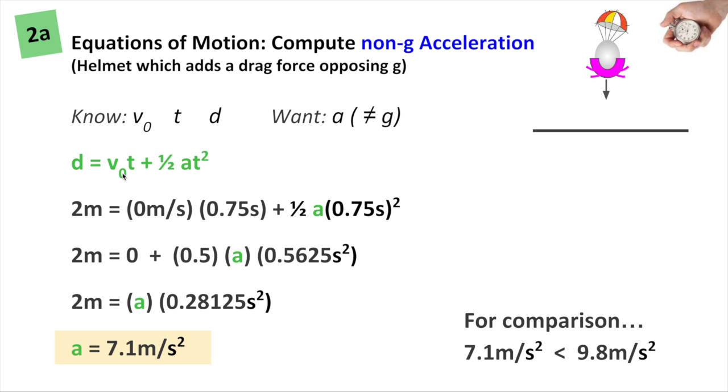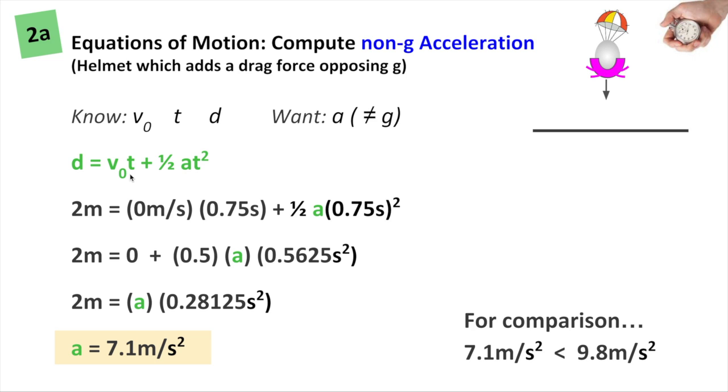And therefore, if I use this equation, d is equal to v0t plus 1/2 at squared, I know everything except for a, and I'll be able to solve for a. So let's plug in the information I know. On the left, the distance is 2 meters. Why? Because let's say that that's just simply the drop that I'm performing at this particular moment. v0 is 0 meters per second.